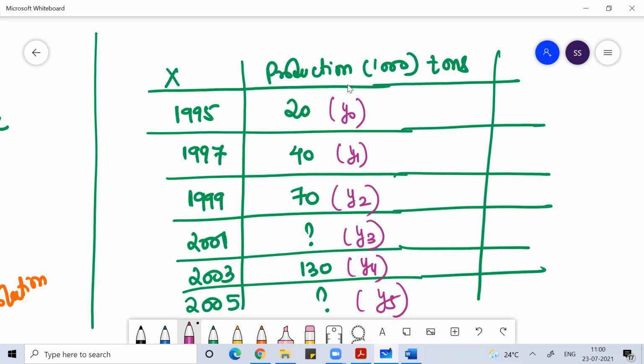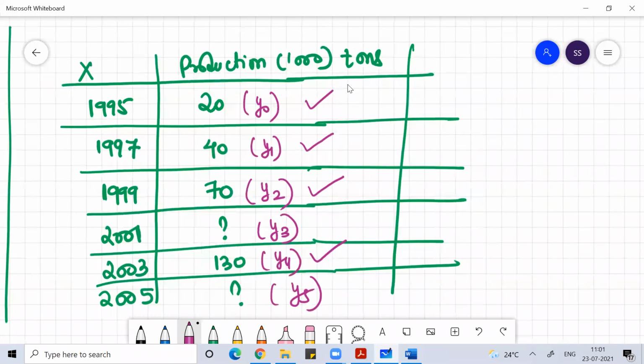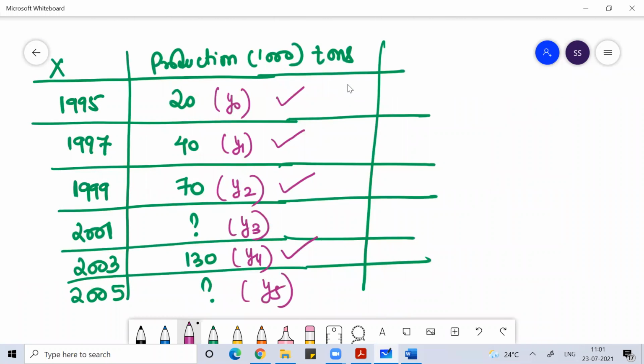First, by using the logic of interpolation, we need to find the value of y3. And once we find the value of y3, then we try to find the value of y5. If you count the known variables, the variables for which the value is known, that is 1, 2, 3, 4. You can see in the given problem the number of known values is 4.